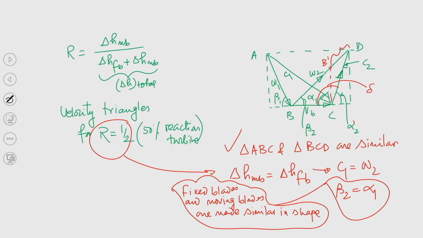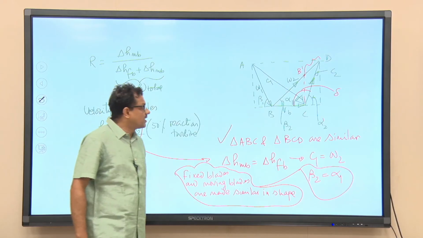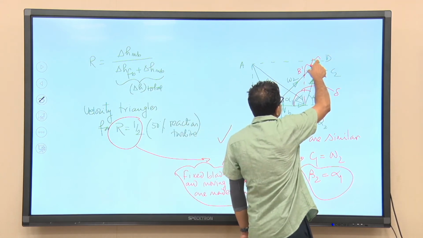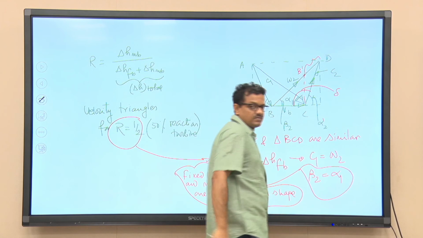See, had the relative velocity been like the relative velocity that we have seen in case of an impulse turbine, we would not have this extra component, right.